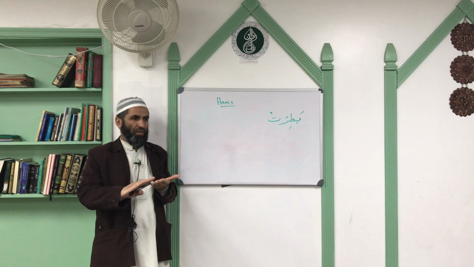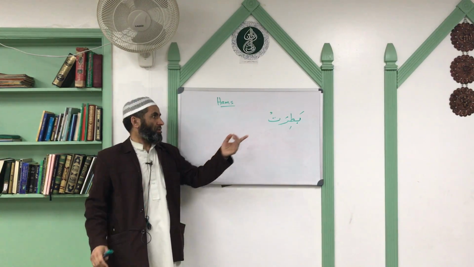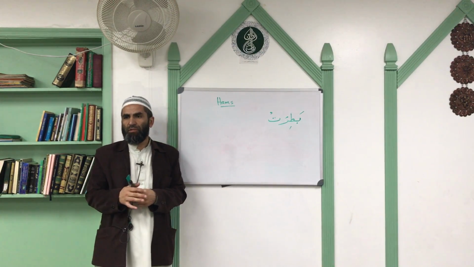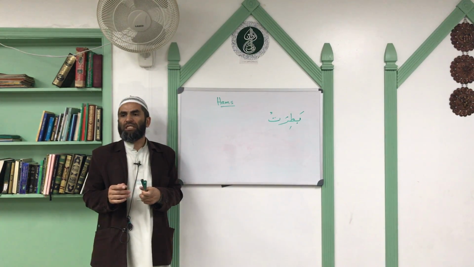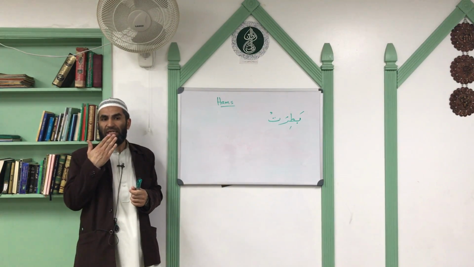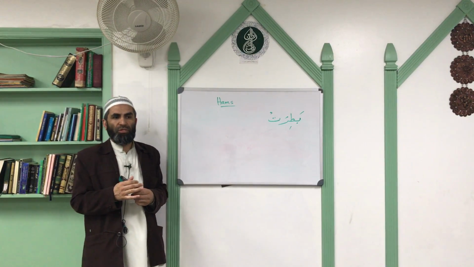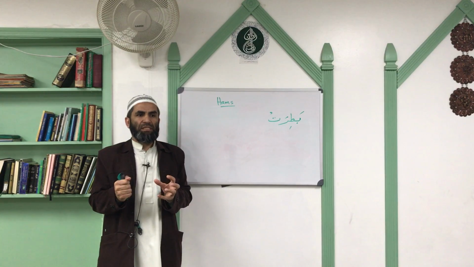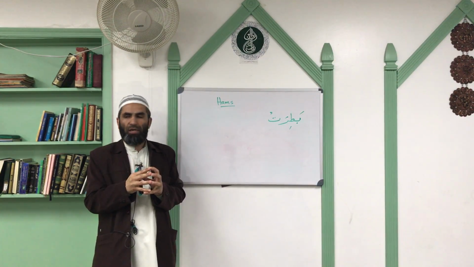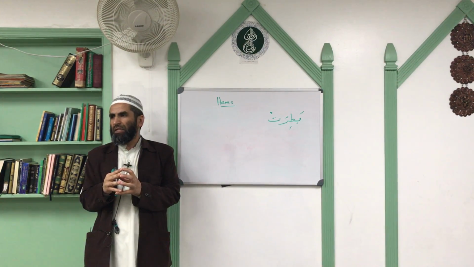That flow of air on the letter is called hams. Batirat, batirat. See, even you can feel that air is coming up. We don't say batirat and just block it altogether.